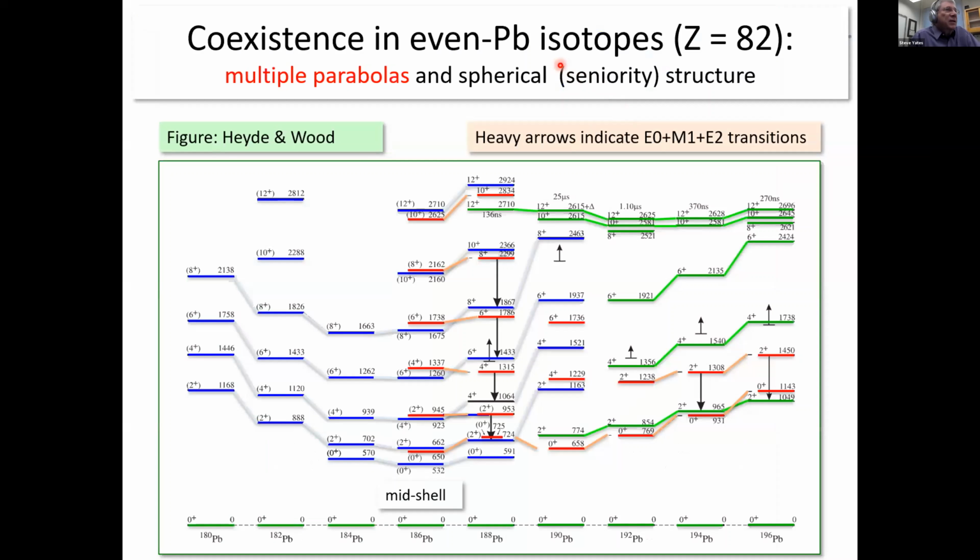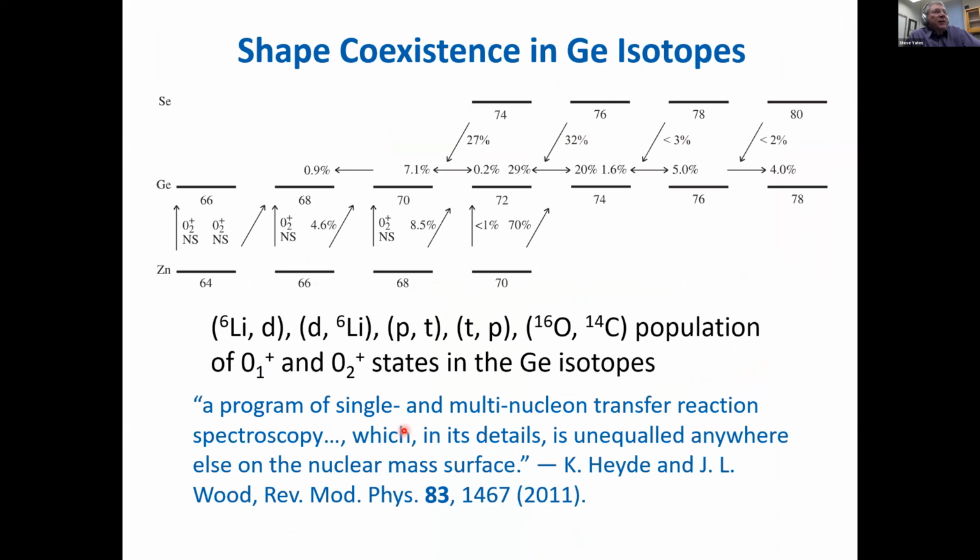Or in the case of the lead nuclei, we have a structure where these 0+ bands come down lowest at the neutron midshell. This is a kind of a signature, a smoking gun for shape coexistence. Now, in the case of the germanium isotopes, we don't have that. And in fact, the shape coexistence in these isotopes was established essentially from two-nucleon transfer reactions.